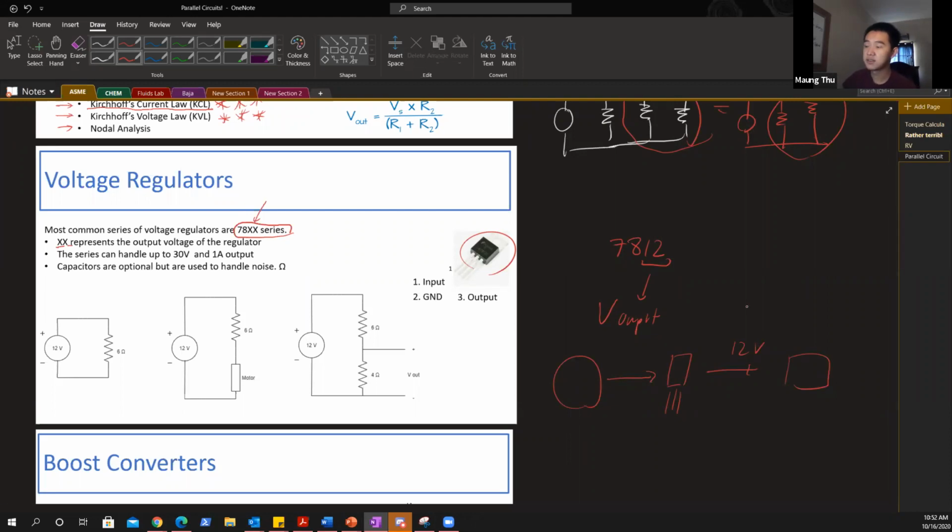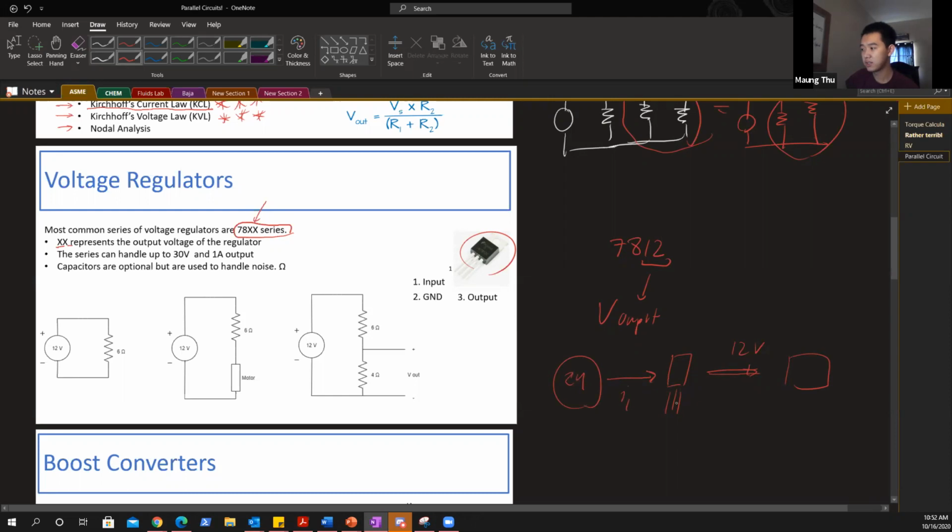The downside of this is that whatever current is coming in from the battery is going to be the same amount of current coming out, right? So that's a downside, because let's just say your battery is 24 volts and this is 12 volts.